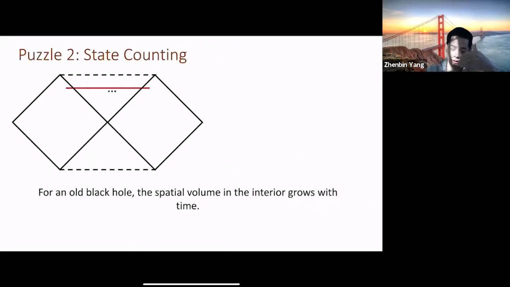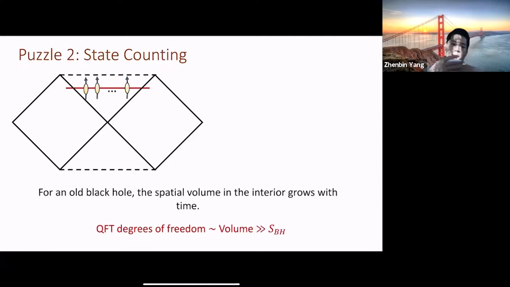Let me say it in another way. Consider just an old black hole. As you look at the black hole at later and later times, the spatial volume inside the interior grows with time. It grows without any bound. And if you put some QFT in this background, then the degrees of freedom of the QFT, which is extensive, can be much bigger than S black hole.